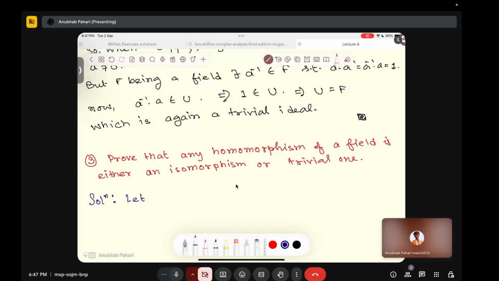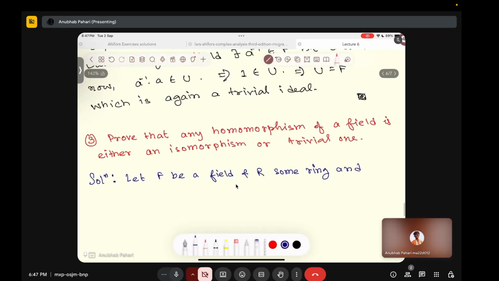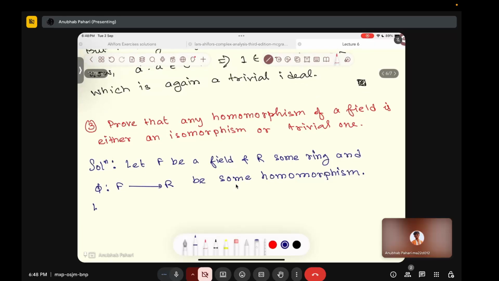Let F be a field and R some ring, and let phi from F to R be some homomorphism. Let K phi be the kernel of phi.